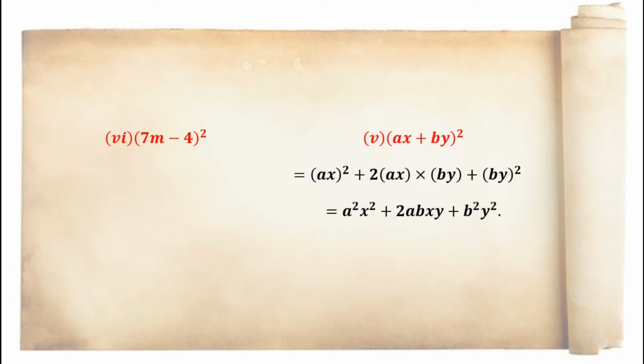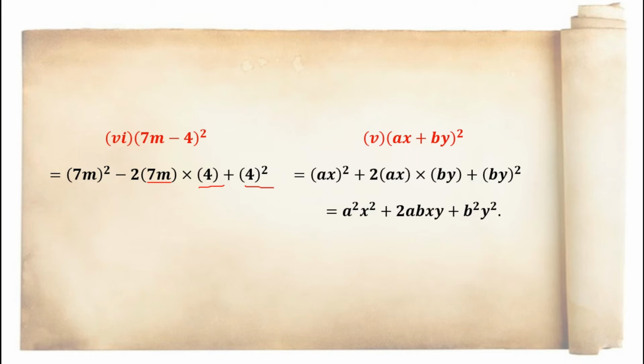Now the sixth question is here. (7m minus 4) raised to 2. So here you will see that (7m) raised to 2 minus 2 into 7m into 4 plus 4 raised to 2, and here you will see that 4 into 7, that will be 28, right?